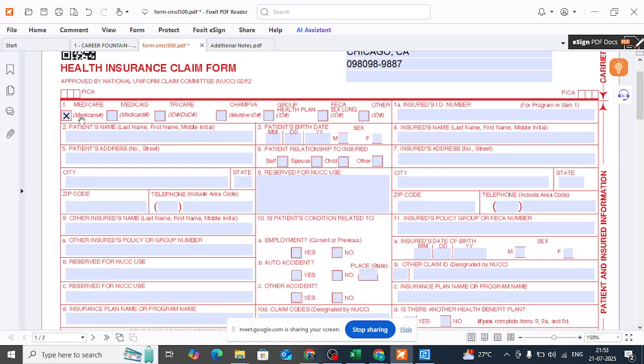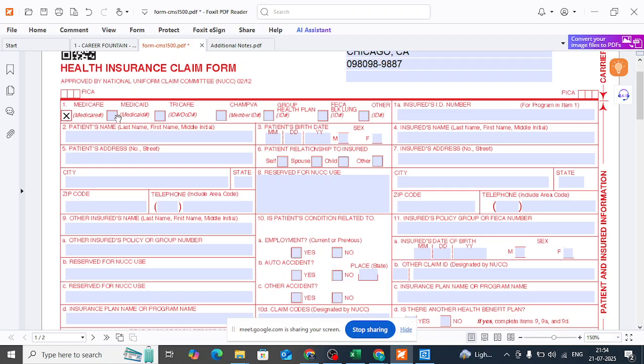Box number one has some insurance names. You can see Medicare, Medicaid, Tricare, Champva, all over the US, in every state, for any specialty, this claim form must be used. Insurance companies cannot design their own claim form. This is the common claim form everybody has to use for physician charges.